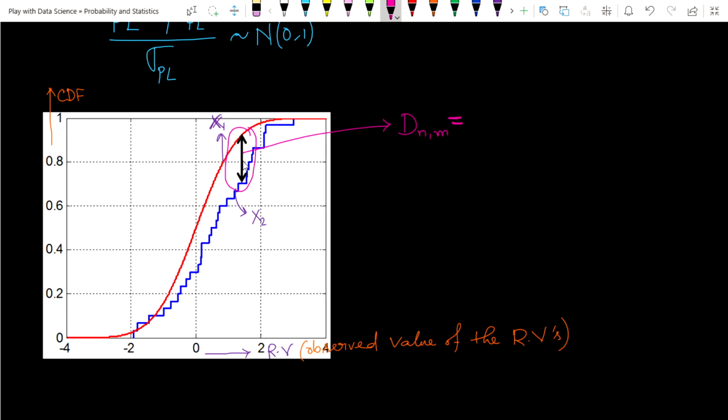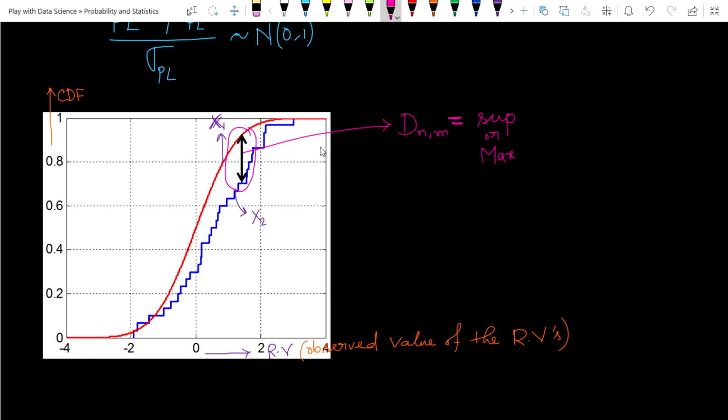This is the maximum distance among the observed values of the random variables. This value is the supremum, or the maximum.